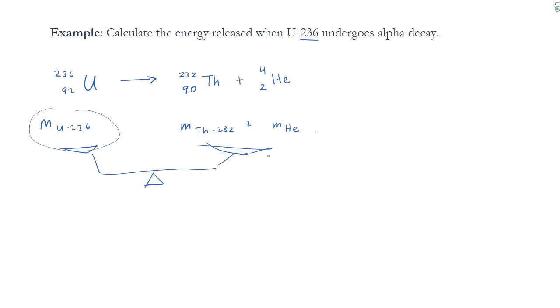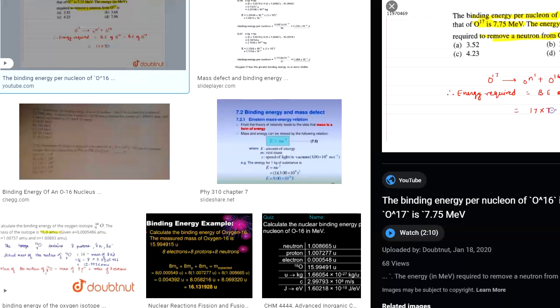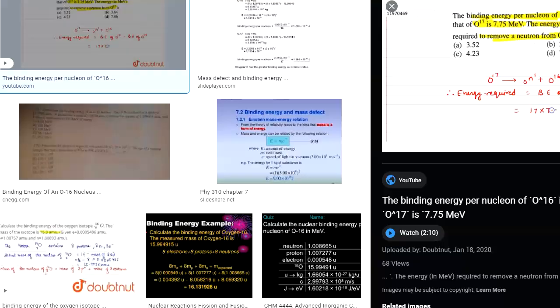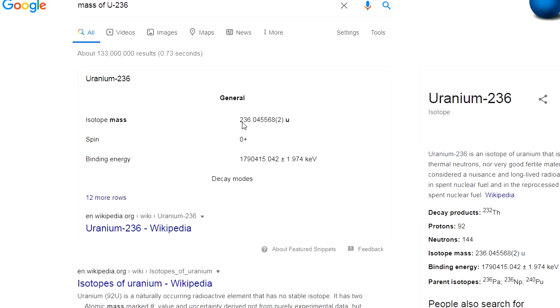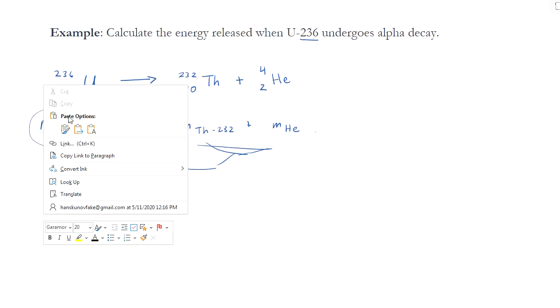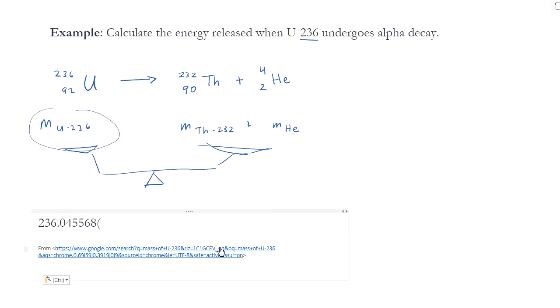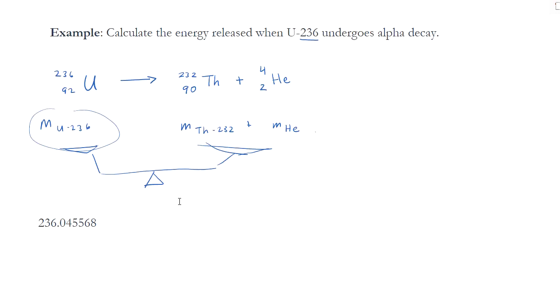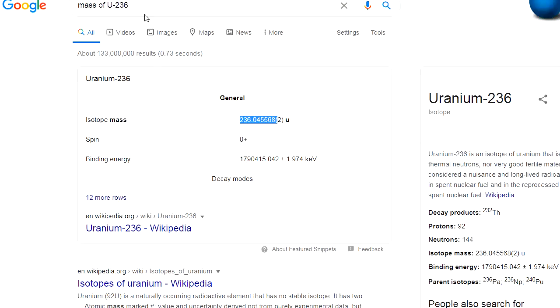I'm just going to pop open one of these windows. Mass of uranium-236, and we're getting 236.0455. Just copy that into here. All this extra stuff, perfect. Mass of thorium-232.